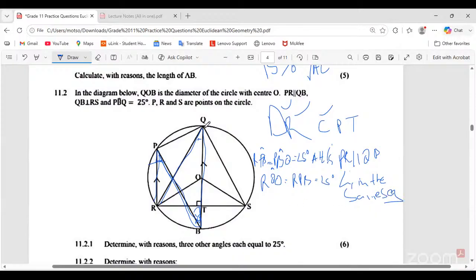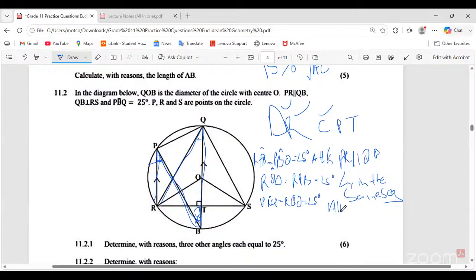Okay, now this and that form my Z. Now angle PRQ is equal to RQO is equal to 25 degrees. Why?